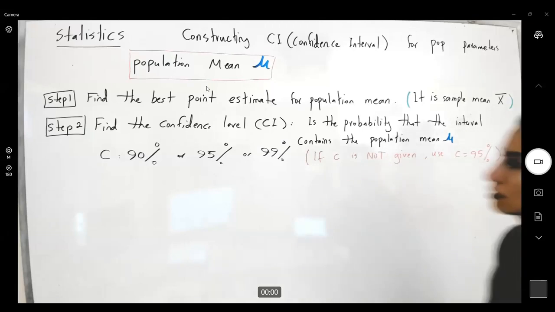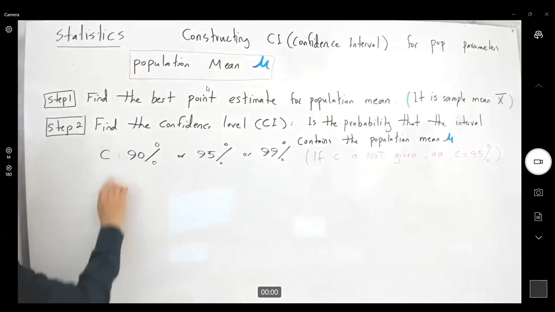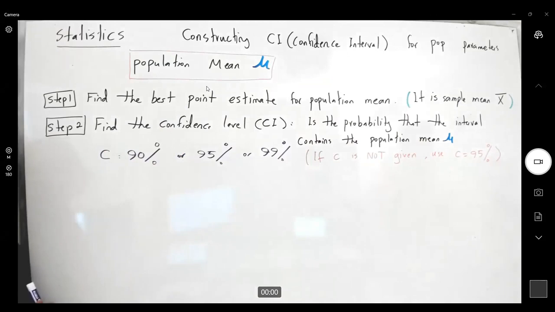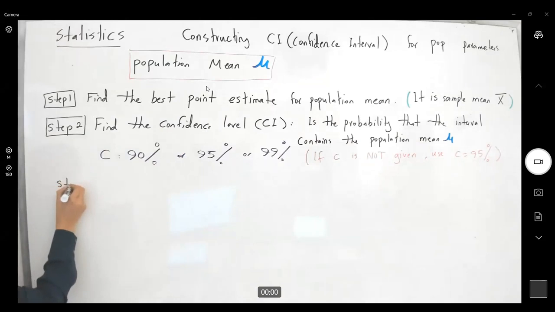Very good. So after finding the confidence level, what are you going to construct? You're going to construct the critical value. Okay, let us go to step 3.